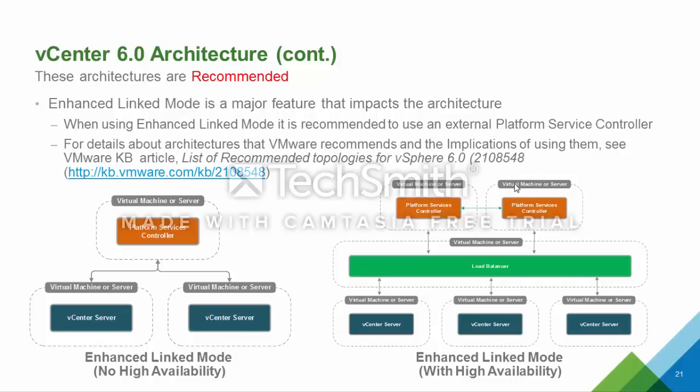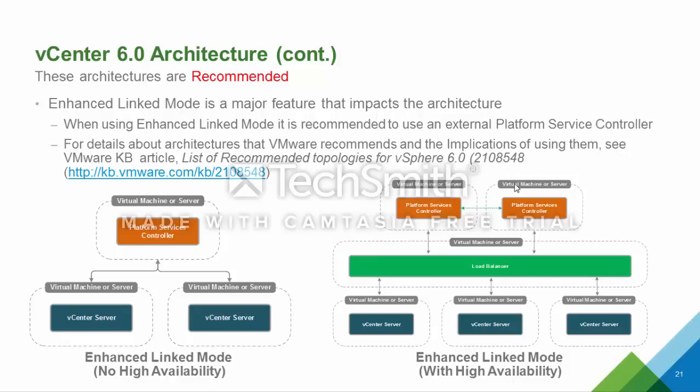2108548. But you can see here on the left, enhanced link mode functionality without high availability. We have a separate VM for our platform services controller, and we might have two separate VMs leveraging the services of PSC and having two instances of vCenter.